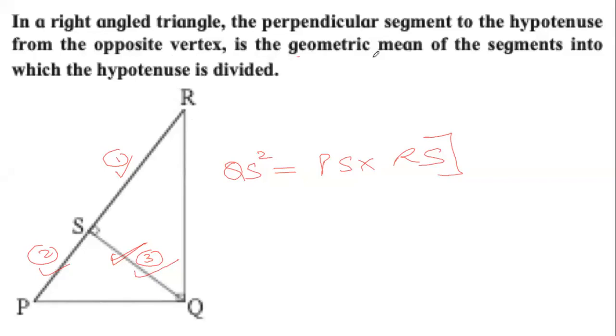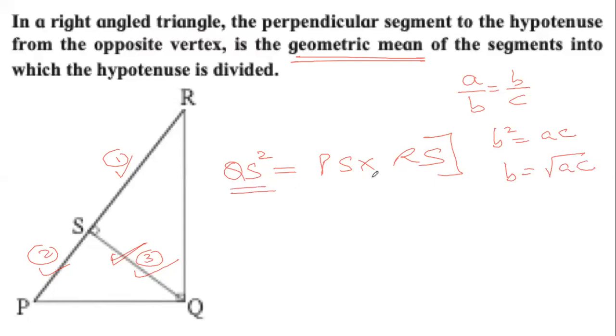If you remember from class 9 chapter on ratio proportion, we said if we have three numbers such that A by B equals B by C, by cross multiplication, B square is A into C, then B is called the geometric mean or the mean proportional of A and C. Something similar is happening now.